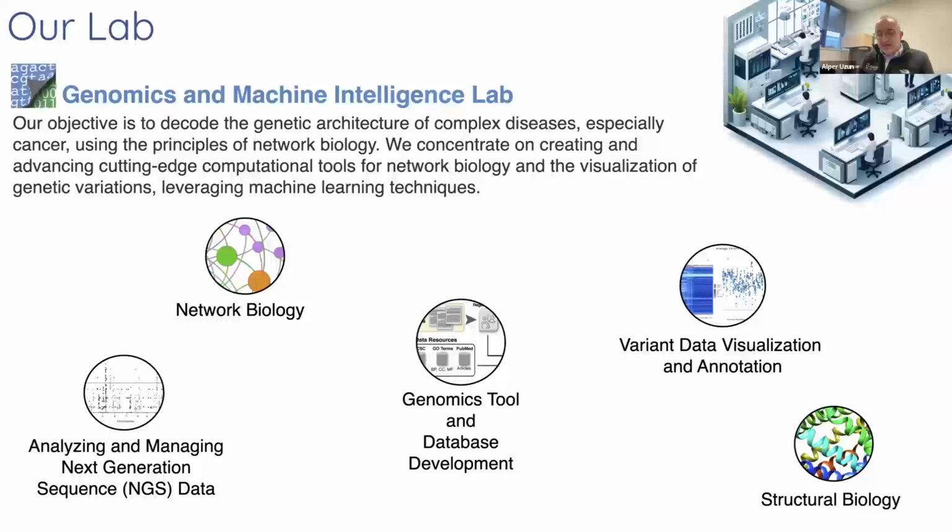And structural biology comes from my PhD years, and I'm still continuing to work on that, because the idea is, okay, we have those variants, and when we map them on the protein structures and we model them, are we able to see changes associated with the disease? And if we do, what kind of disease associations can we see? So this is the main picture of my lab.